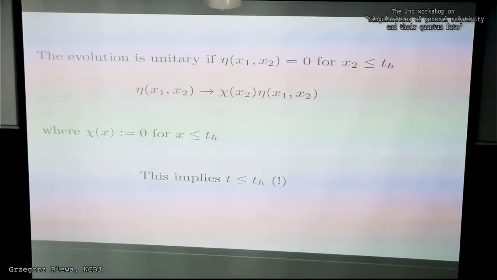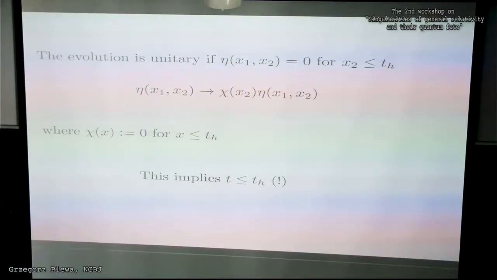This is due to unitarity, and I implemented this condition simply by modifying our definition of the eta function by multiplying with some auxiliary function, defined so that it is simply 0 if the argument is smaller than a fixed parameter.